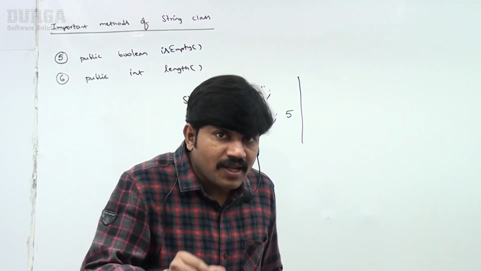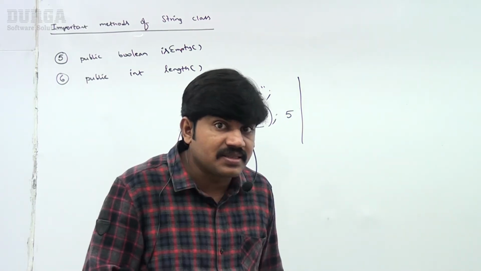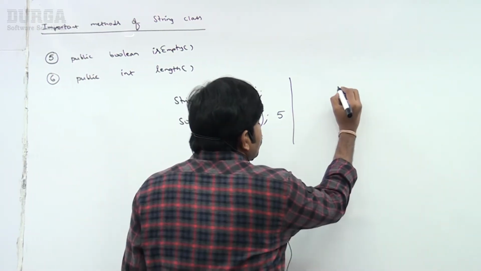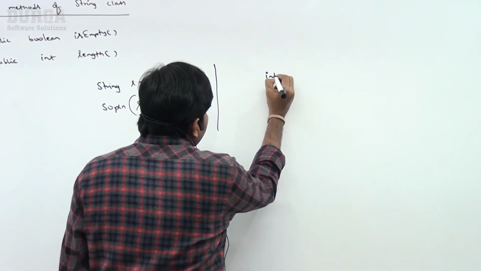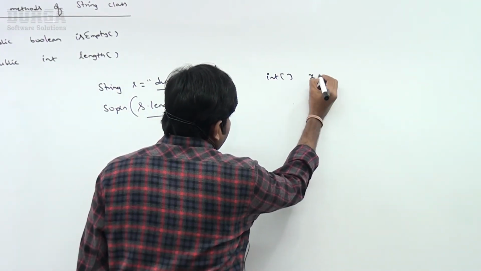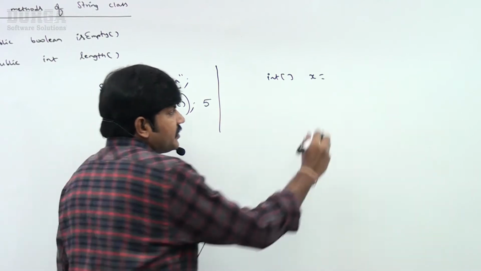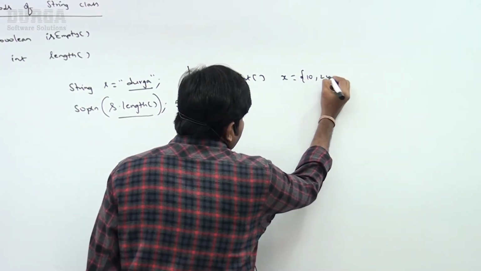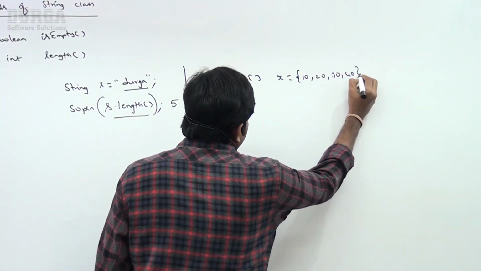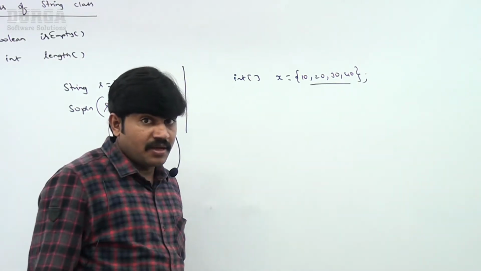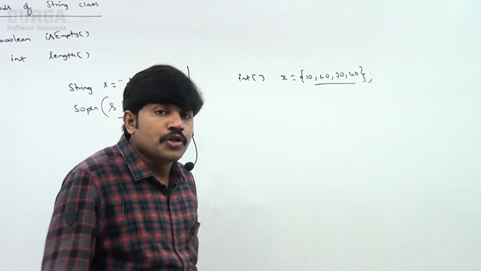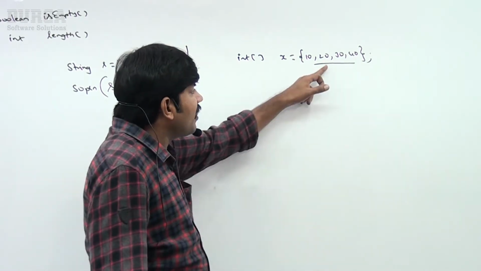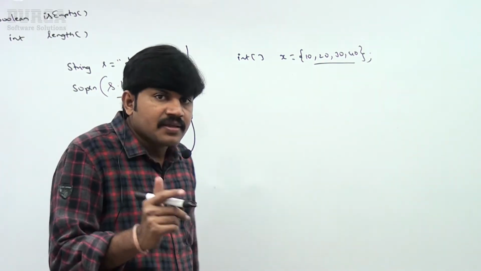The length variable is applicable for arrays. Suppose I have int array x is equal to 10, 20, 30, 40. Sir, how many elements are there? 4 elements.